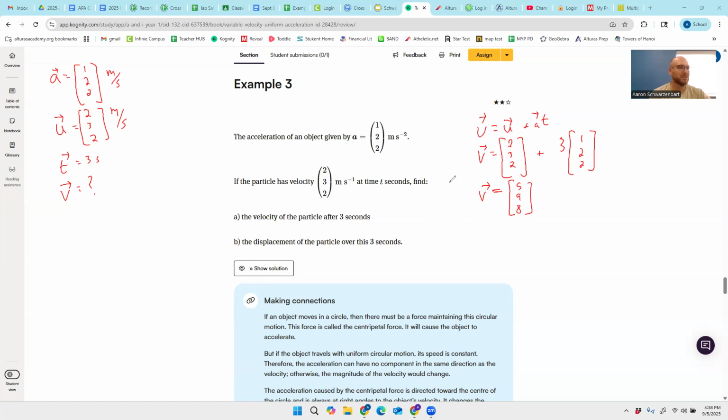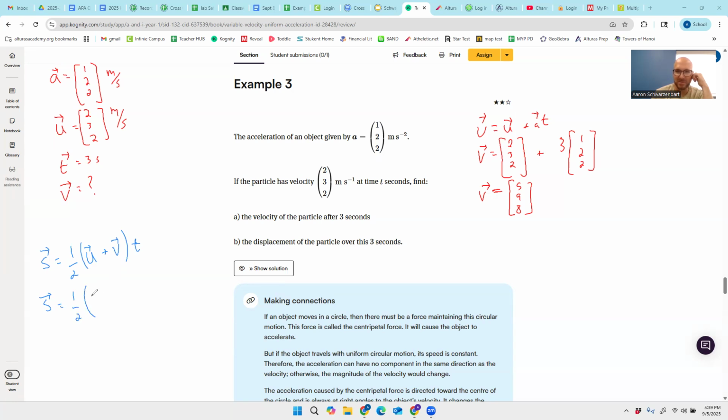Find the displacement. Well, I need my displacement equation. Let's do that in blue. My displacement equation is going to be S equals, well, probably the easiest one is 1/2 times U plus V times T. There are others that probably would work too.